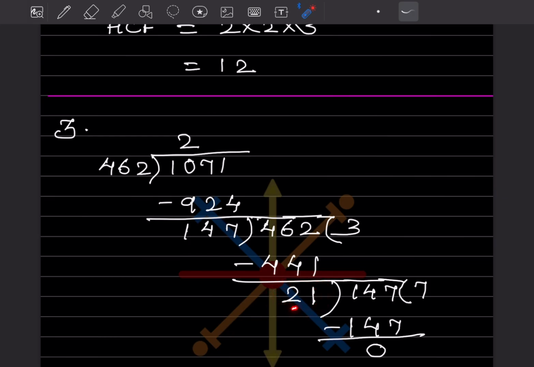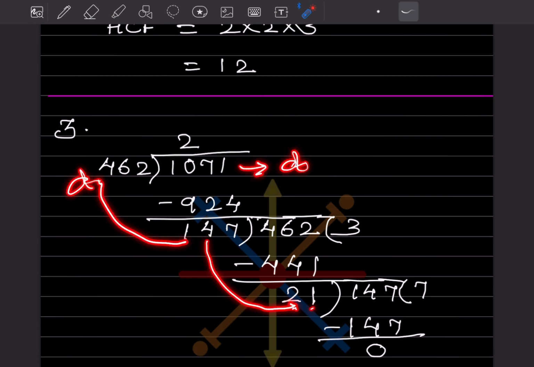See here, this is the dividend, this is the divisor, this is the quotient, and this is the remainder. Always we look at the divisor part.